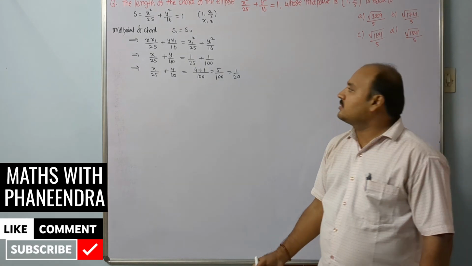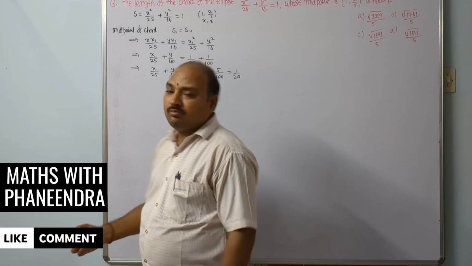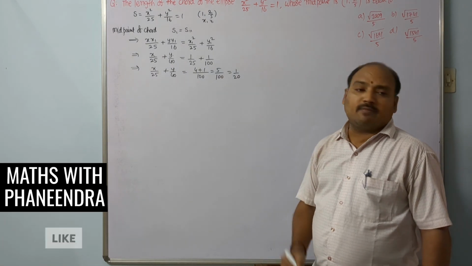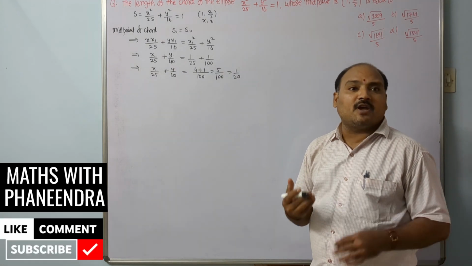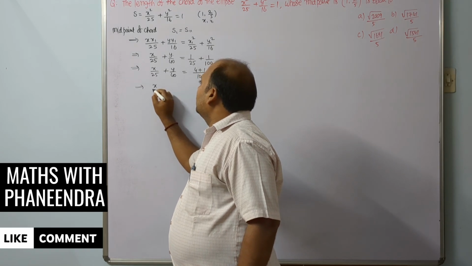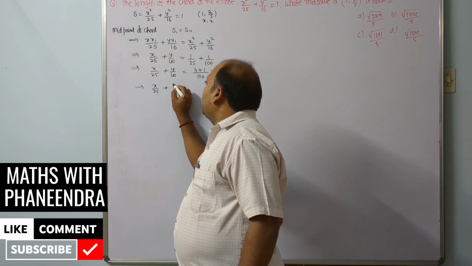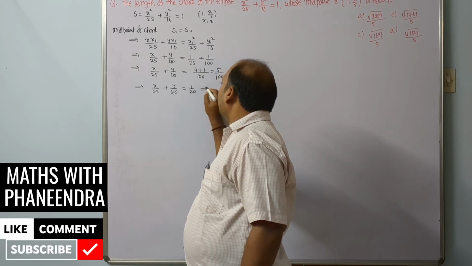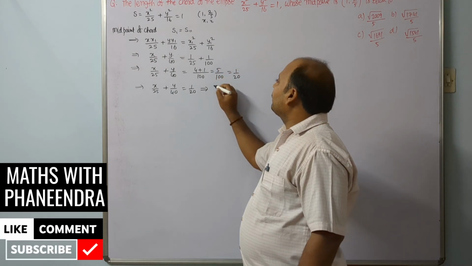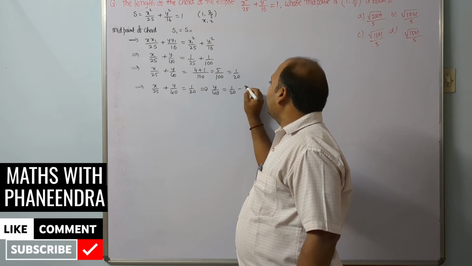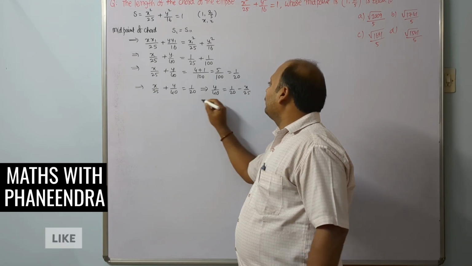Okay dear students, now x by 25 plus y by 40 equal to 1 by 20. Either x in terms of y or y in terms of x. So make y the subject. From that, y by 40 is equal to 1 by 20 minus x by 25.